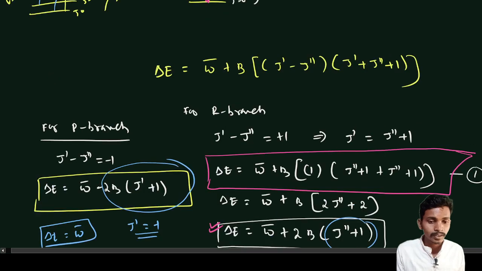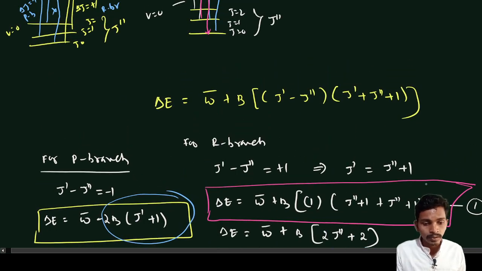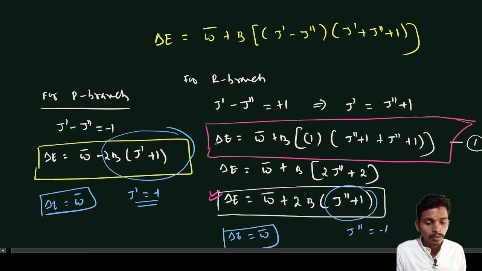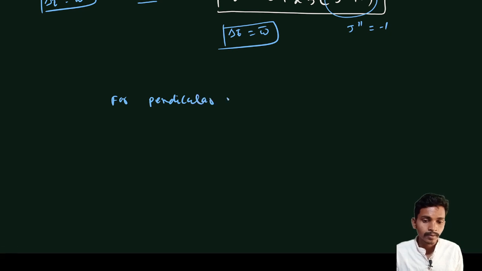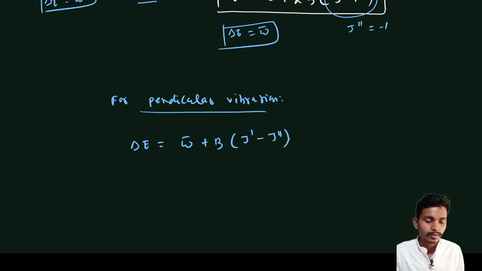But whenever we are discussing polyatomic molecules, for perpendicular vibrations we put these equations. We say delta E equal to omega naught plus B times (J dash minus J double dash) times (J dash plus J double dash plus 1).